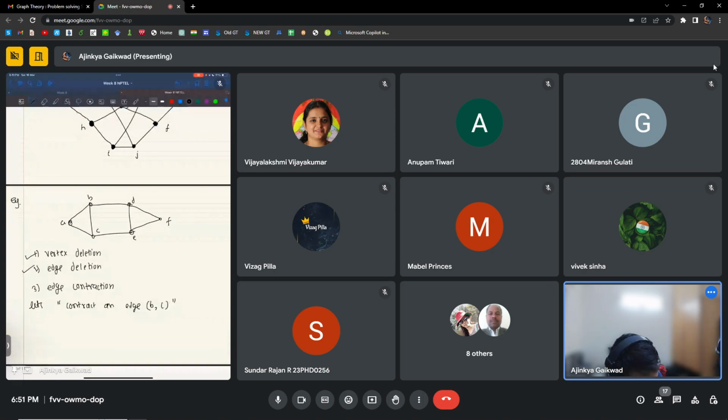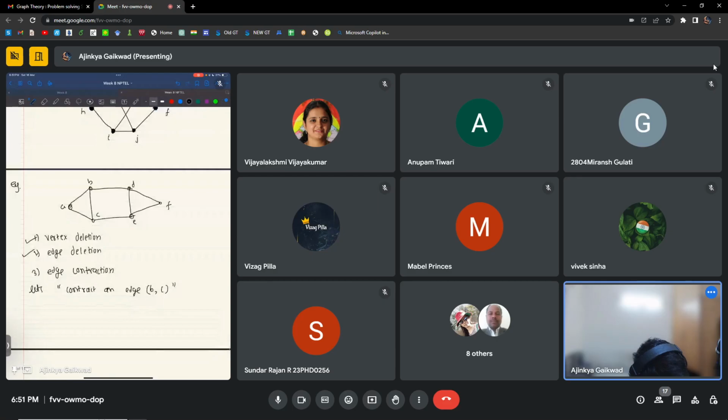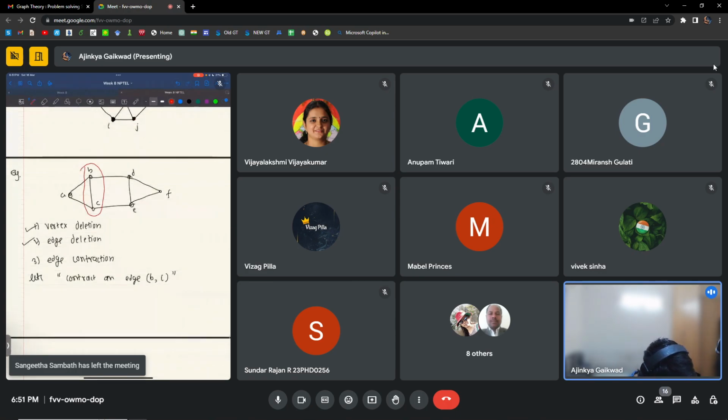Yes, I think this is visible. So what does that mean when I say contract an edge b comma c? It means you take the vertex b and the vertex c and you overlap them. So you will create a new vertex here, which I will call b comma c.